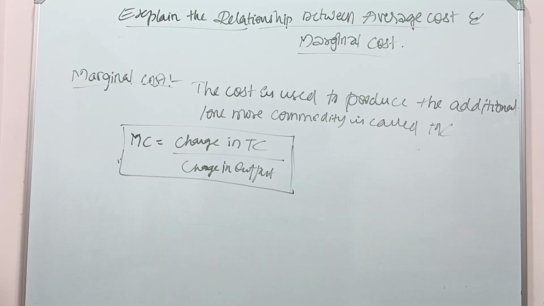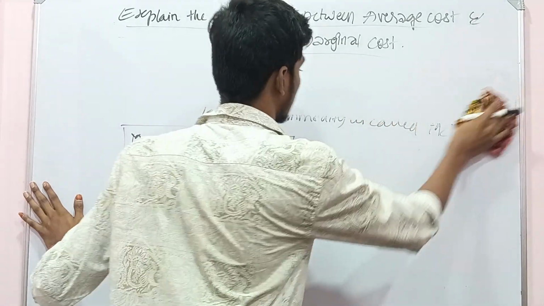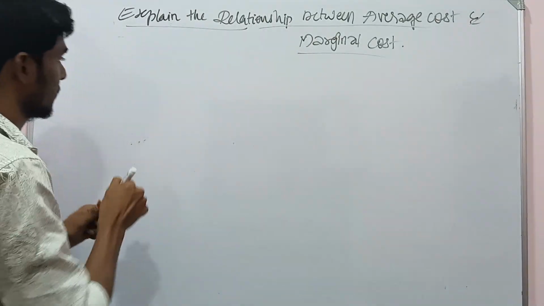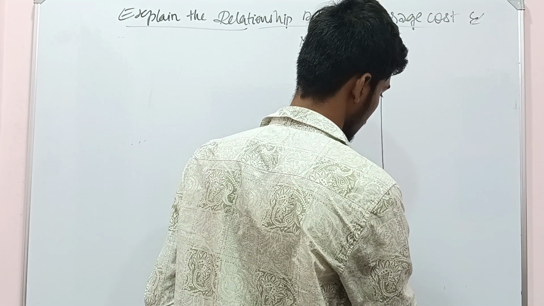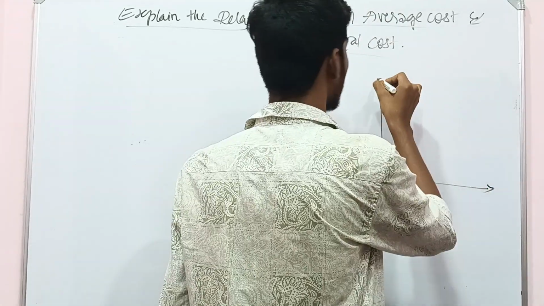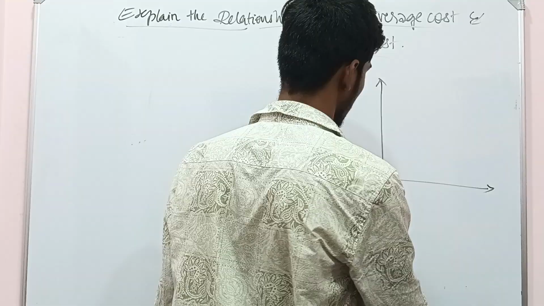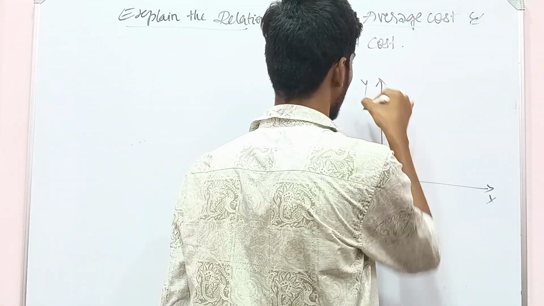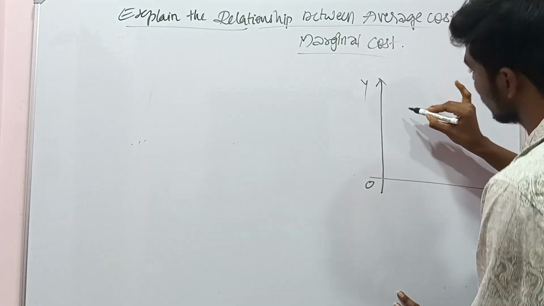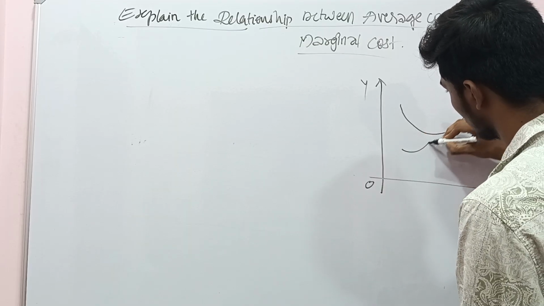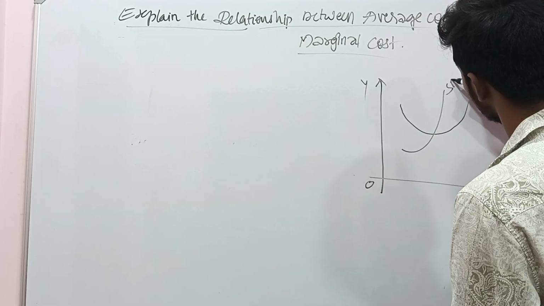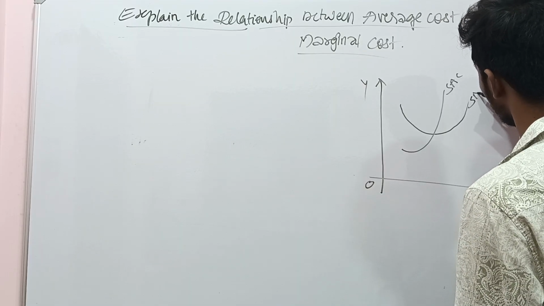Now let's see the relationship between both average cost and marginal cost. Here I can draw it. Both the cost curves are like this: short run average cost and short run marginal cost.